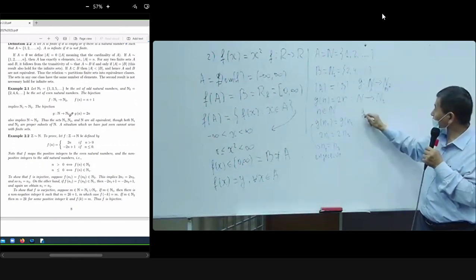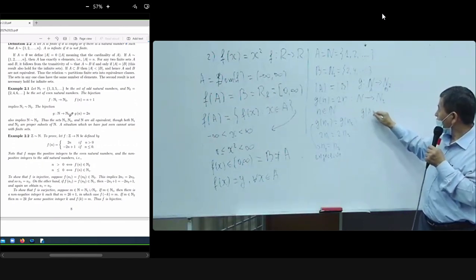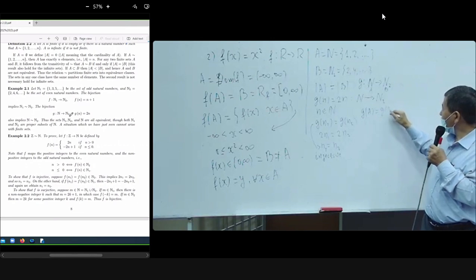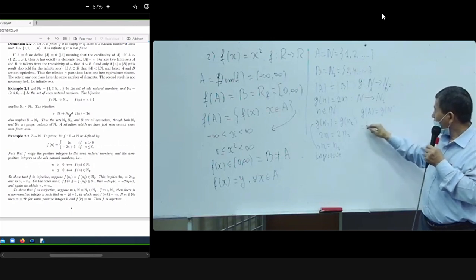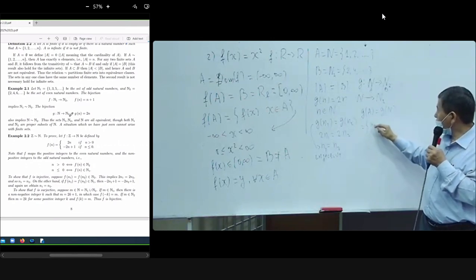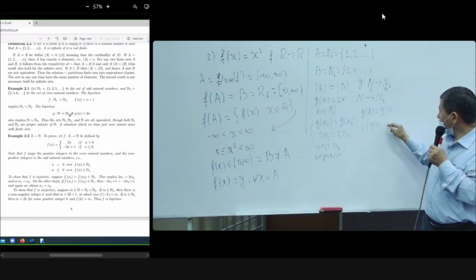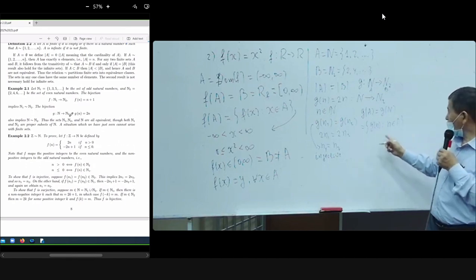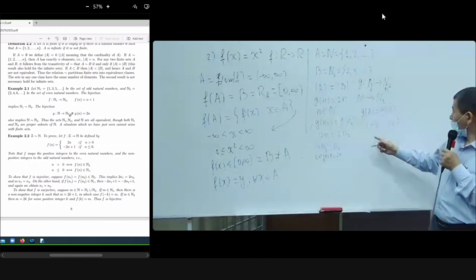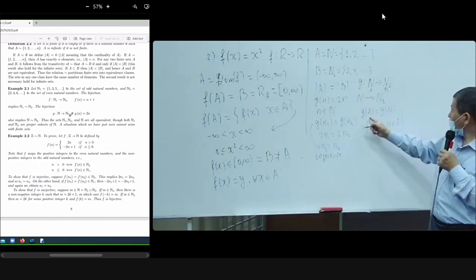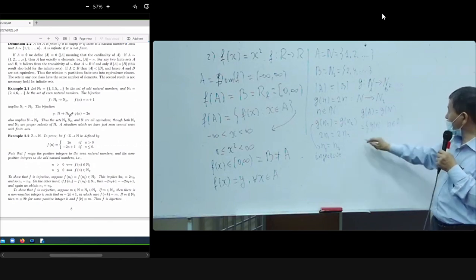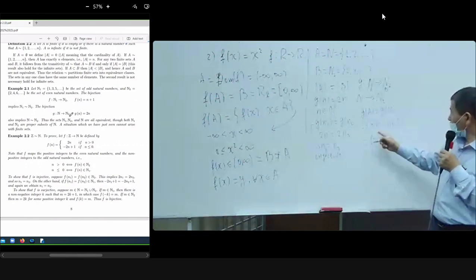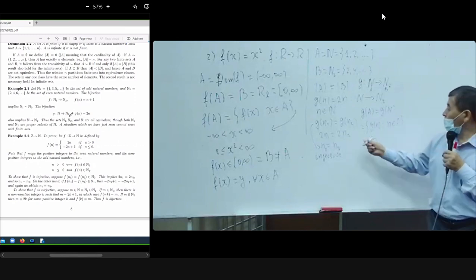Now I am finding G of A, which is G of n such that n belongs to A. Right? Now I have to find G of A and show that this one equals B. Look, it's exactly equal to B. Why?